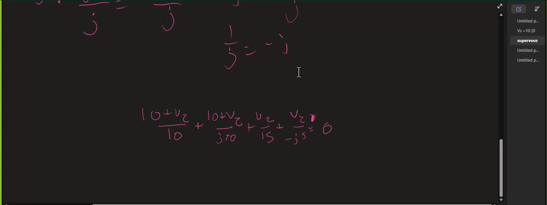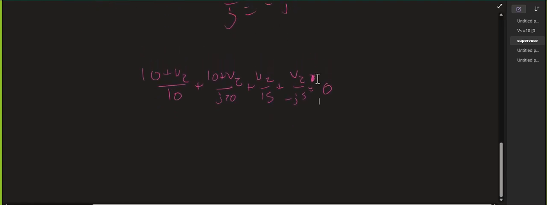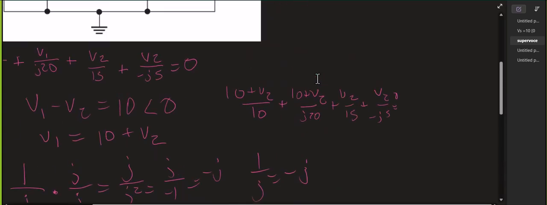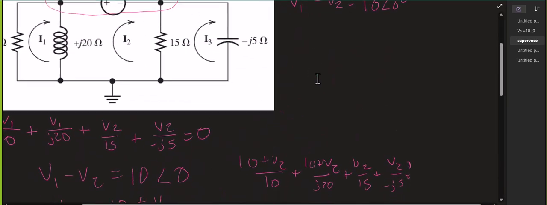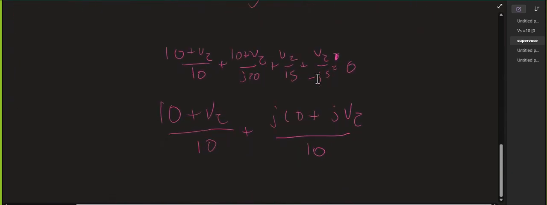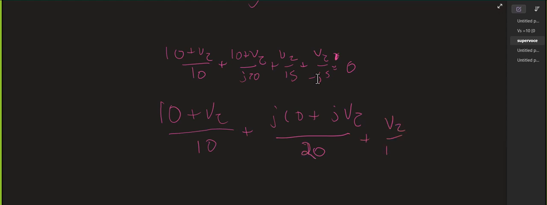To make it easier to solve this equation, I'll bring all the j's to the numerator. So I have 10 plus V2 over 10, plus j10 plus jV2 over 20, plus V2 over 15, except when I brought it up it needed to be negative.